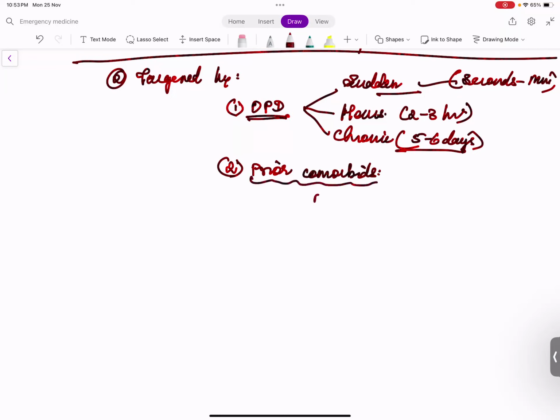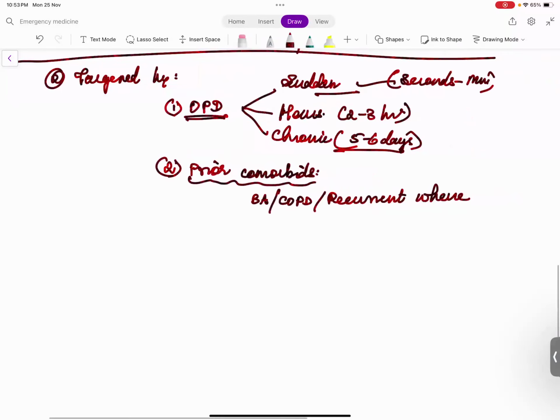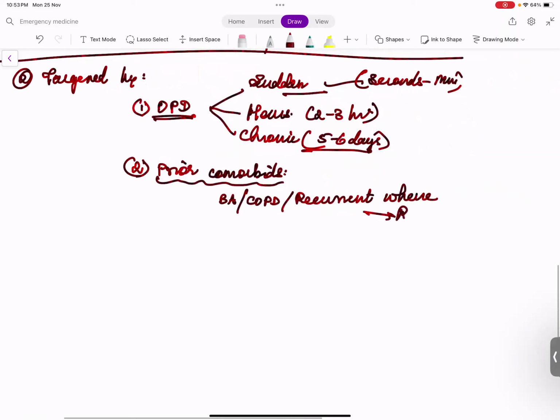For example, any patient who is a known case of bronchial asthma or COPD, or even if they are not labeled as such, anyone who gives complaints of recurrent wheeze or respiratory infections, mostly this goes to respiratory medicine, respiratory causes of acute respiratory distress.